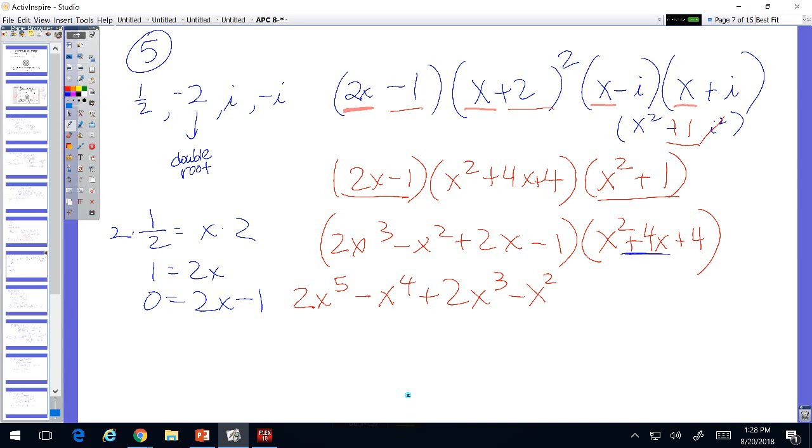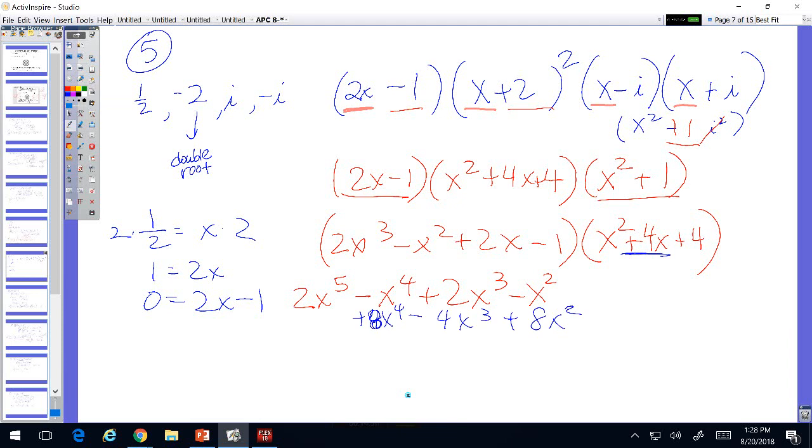We're going to distribute this one through here. So that would make positive 4x to the 4th, 8. Yes, it does. 4 times 2 is 8. And then negative 4x to the 3rd. And then positive 8x squared. And now we got to do the 4.